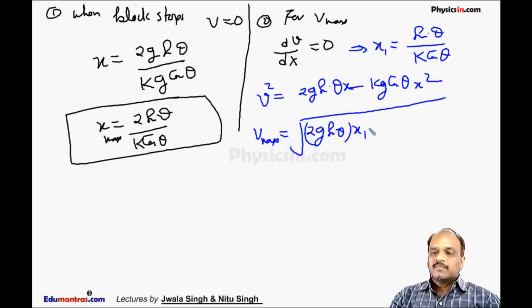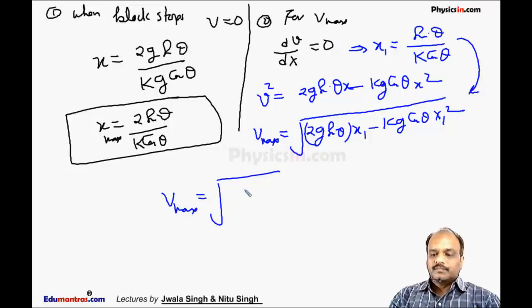Substitute the value of x1 here, and you will get Vmax equal to root over g sin square alpha divided by k cos alpha. This is the answer.